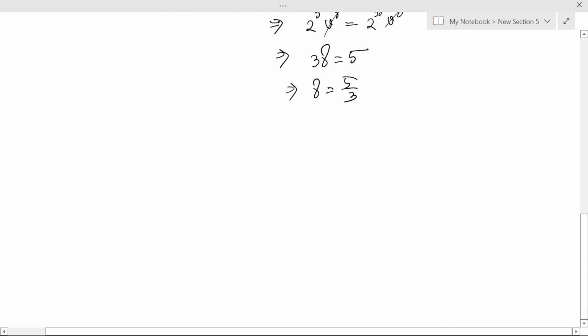So you have now your gamma, and you know Cp minus Cv is equal to R, and Cp by Cv is equal to gamma. So Cp is equal to gamma Cv.